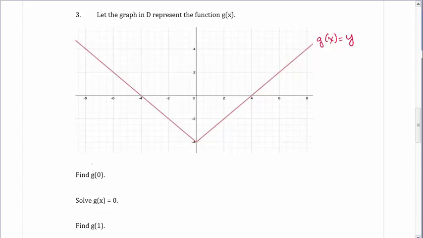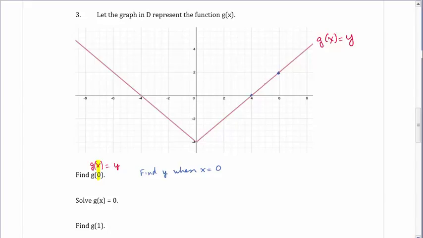So again, up here I'm going to write g of x equals y, just so I keep track of what I'm given. And in this problem now I'm given that x is 0. So what I'm asked to find is the y value when x equals 0. So I need to look at all of these points on my graph.